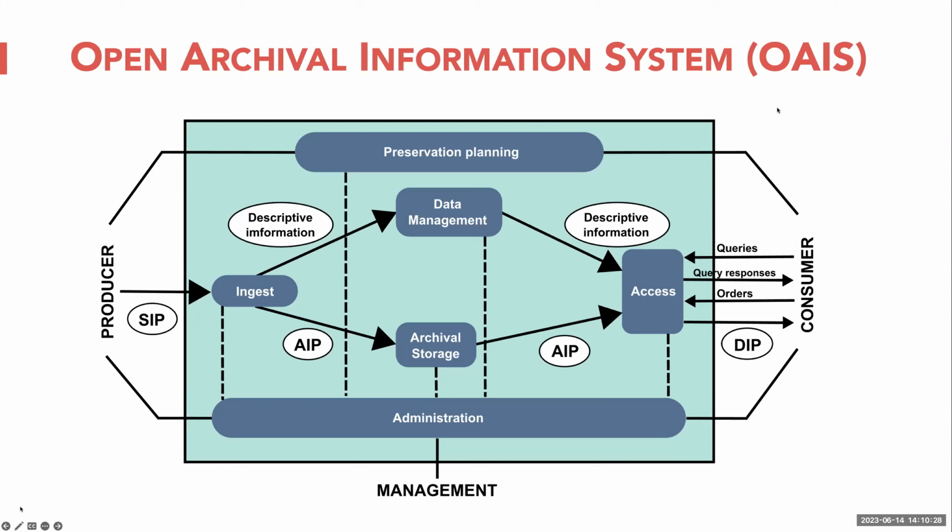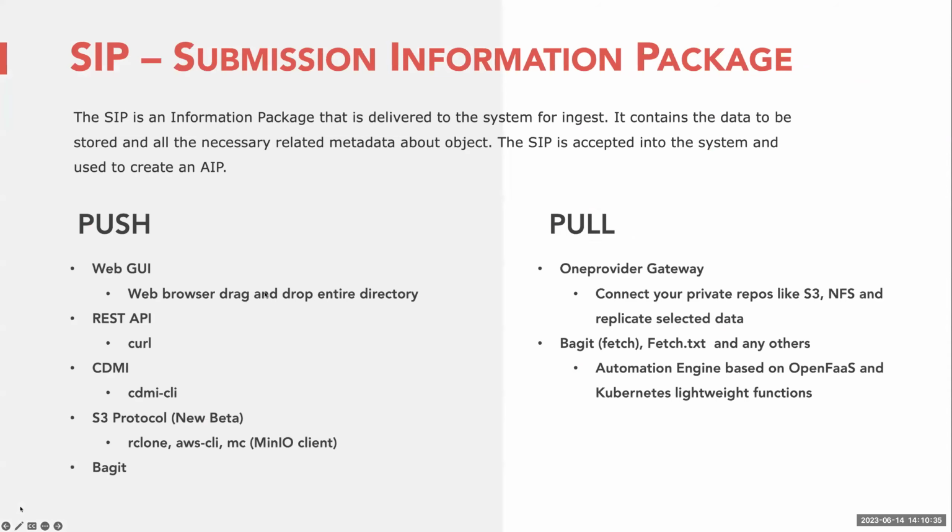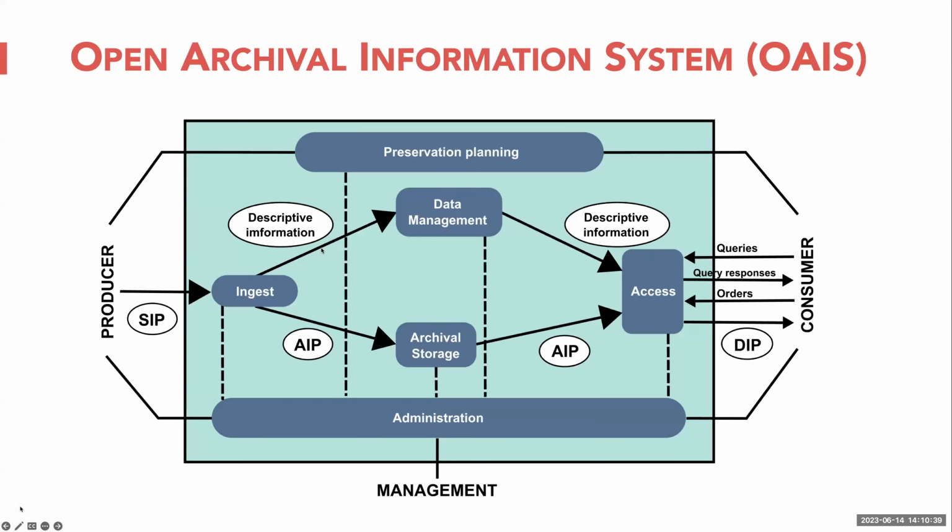So the Open Archival Information System introduces the concepts of how proper preservation and archival should be organized. In this typical archiving approach, we have the producer of data, which delivers packages of data called SIP, Submission Information Packages.